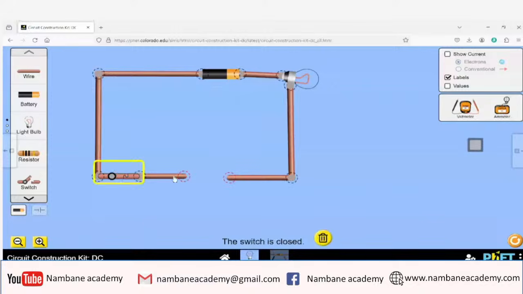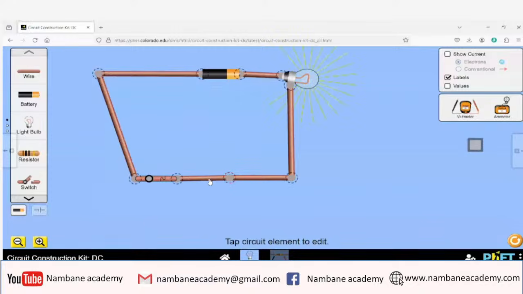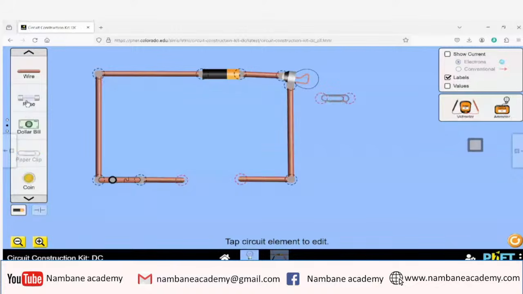So we have checked that all our systems are in place. Now we can choose some of these: a paper clip, a dollar bill, a coin, an eraser, and then a pencil.